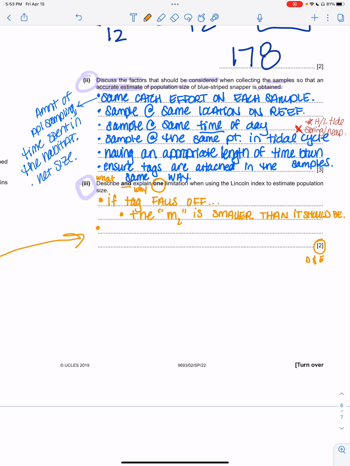All right, and then overall, that'll make your population look like it is bigger than it actually is.